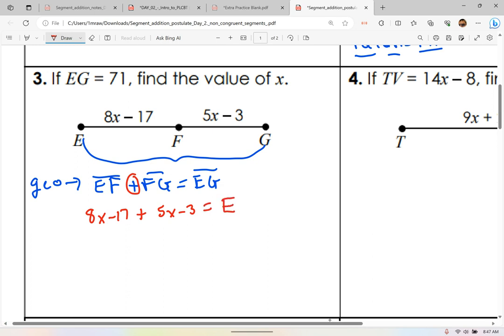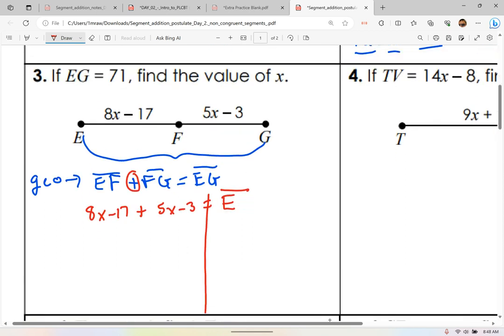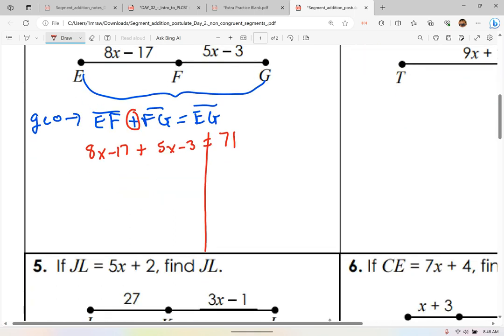You can leave that as Y, or I like to leave it as the segment EG so that we know what we're talking about. Sorry, it gave us EG was 71. My apologies. Now we combine our like terms. 8x and 5x is 13x. Minus 17 and minus 3, remember we're on the same side of the equal sign, is minus 20. And that's equal to 71.